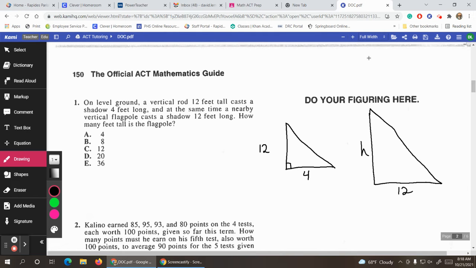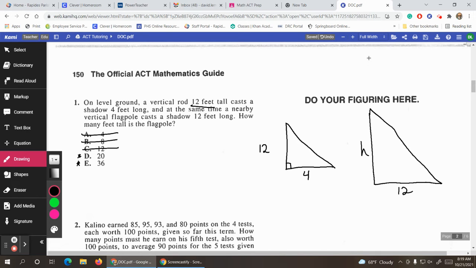I'll show you that math in a second. But flagpoles are a lot taller than 12 feet, so it can't be those. If you're guessing between 20 and 36, are flagpoles twice the height of a basketball goal? Maybe in people's yards, but not so much in front of the school.